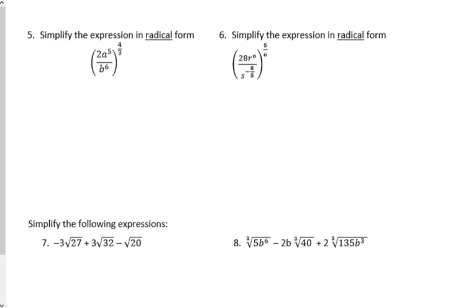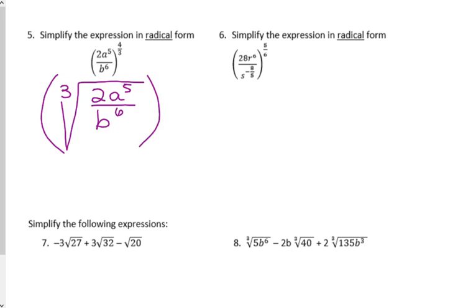One thing we can do is write the cube root of everything in the parentheses, which becomes our radicand, 2a to the 5th over b to the 6th, and that is all raised to the 4th power. So remember, our numerator becomes our new exponent, and our denominator is our index.